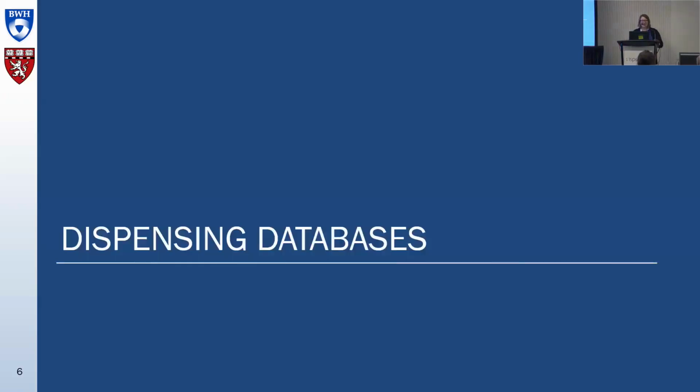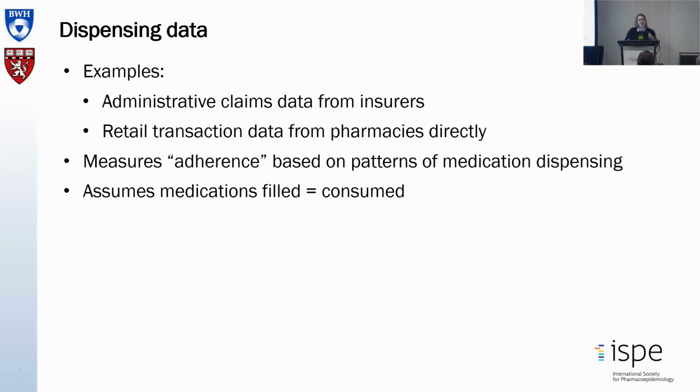Cool. All right. So what do we do in terms of adherence from our dispensing data? So when I mean dispensing data, I mean typically two ideas. One is claims data from insurers, which is the most common data that we talk about here at ISPE. I mean databases internationally, databases like in the US, like Medicare, Medicaid, for example, any variety of claims data.